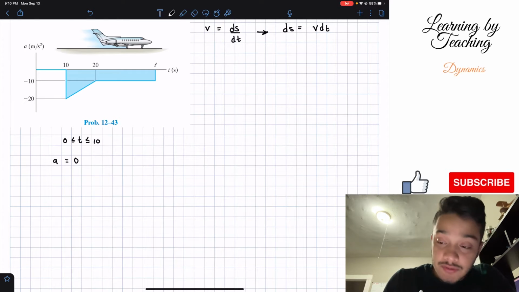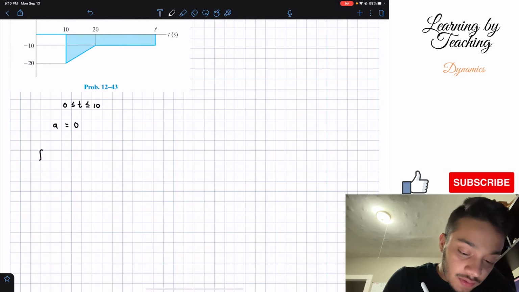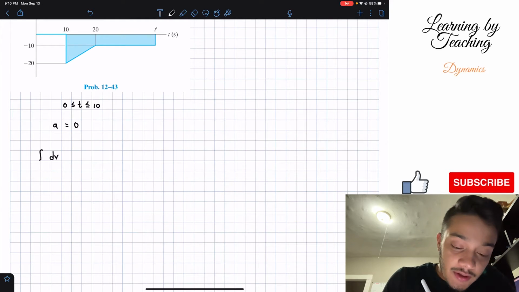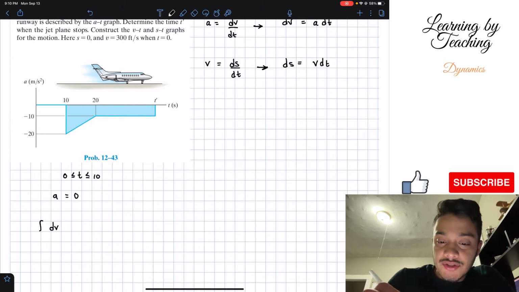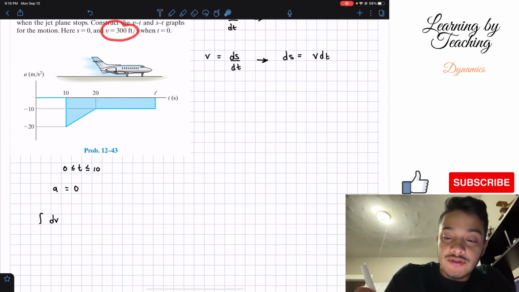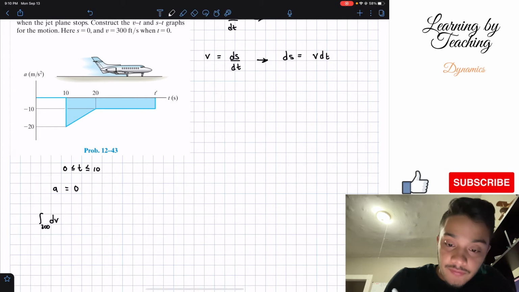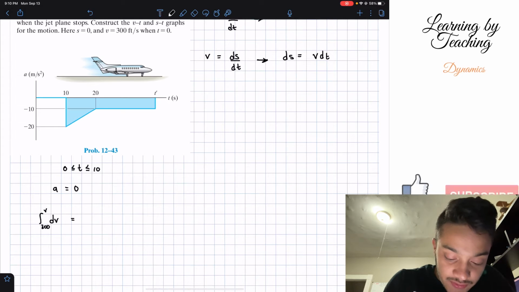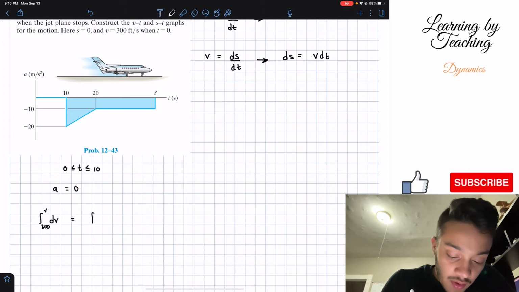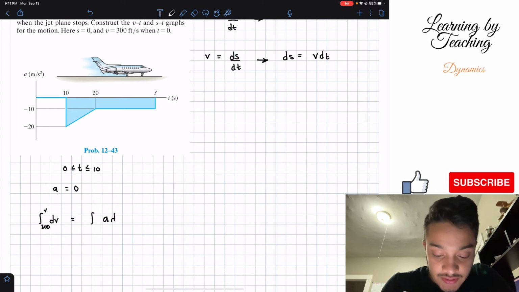If we want to find our velocity, we will do the integral of our change in velocity. What is our initial condition for velocity? Our initial condition is that velocity was 300 feet per second when time is equal to 0. Our final velocity, we're just going to assume, is equal to v. Then we have our acceleration times our change in time.